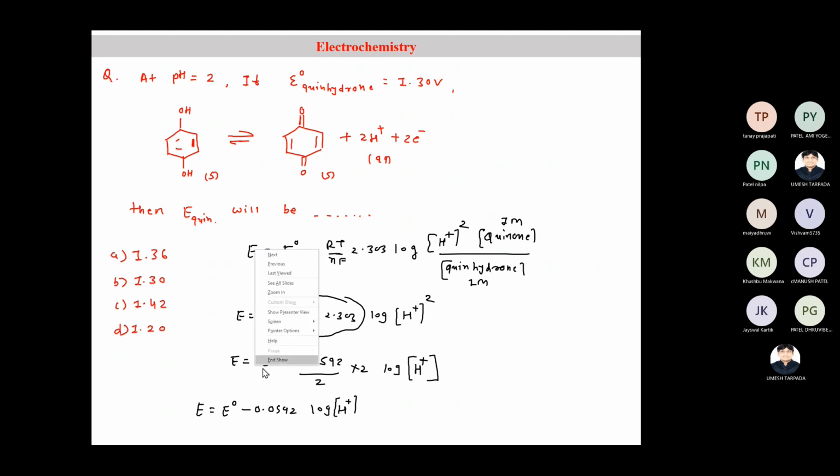Now see minus, what is given to you? It is pH. And the definition of pH is minus logarithm of H plus. This is called pH.